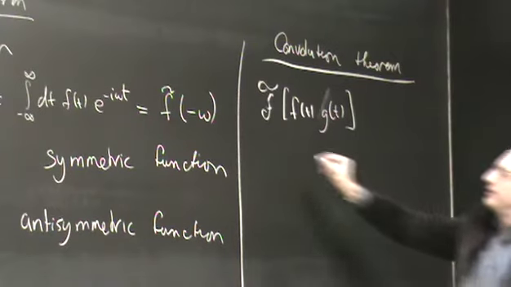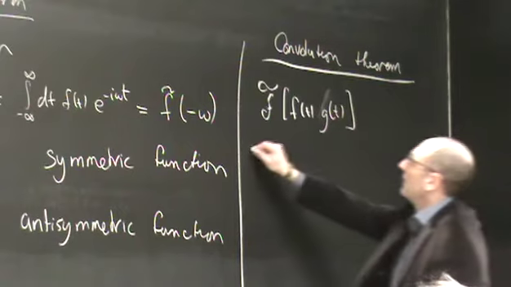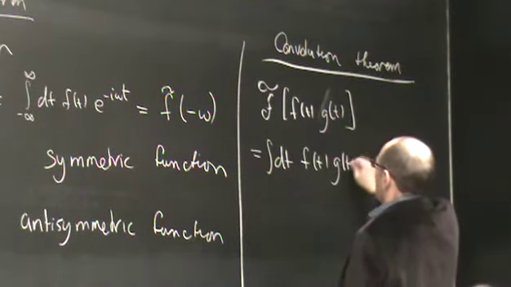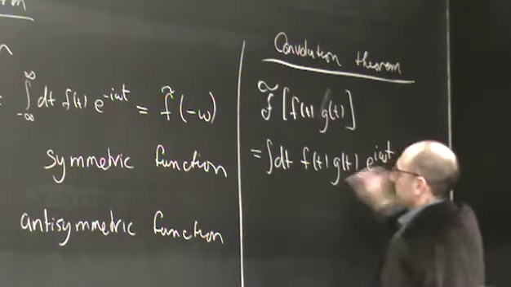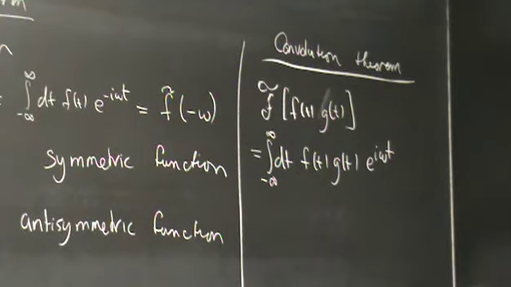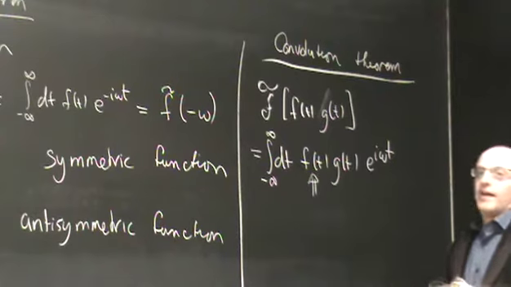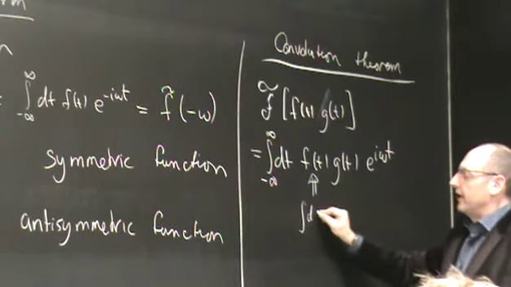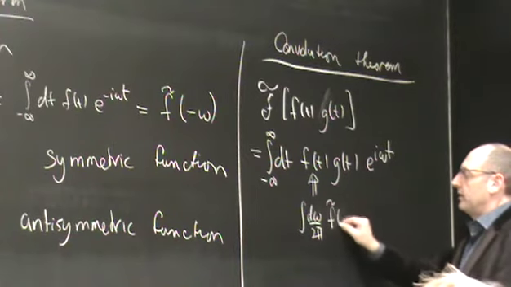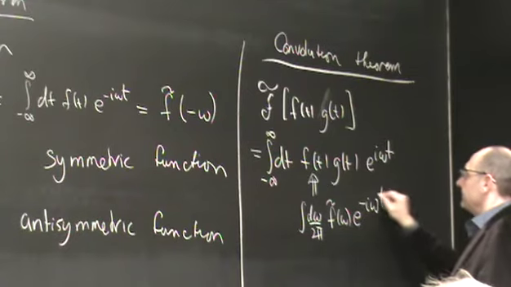Okay, so that's equal to the integral of f of t, g of t, e to the i omega t dt. Okay. So now we can plug in for one of these guys. Let's plug in for f of t in terms of the inverse Fourier transform, f tilde e to the minus i omega t.